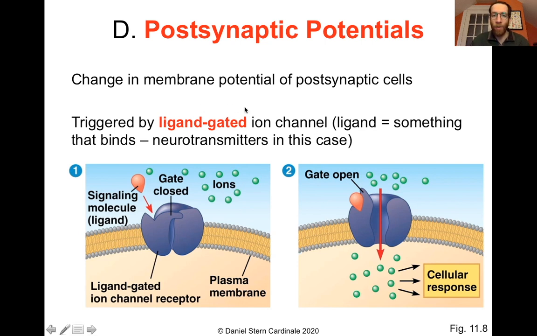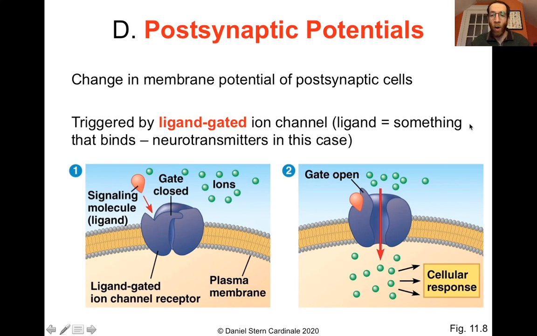This works because the receptors that are bound by the neurotransmitters are called ligand-gated ion channels. Ligand just refers to something that binds to something else. So anything that binds to another thing, we call that thing a ligand. For example, when we talked about the endocrine system, in the water-soluble hormone transport pathway, the hormones that bound to the G protein coupled receptors are ligands for those receptors.